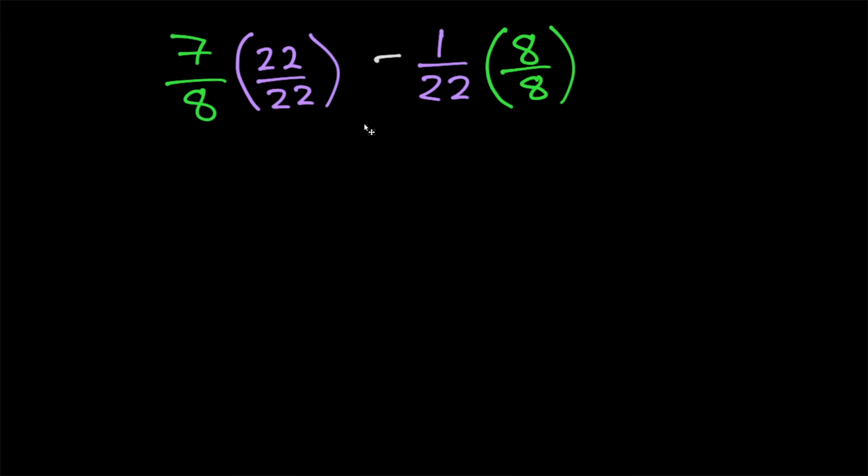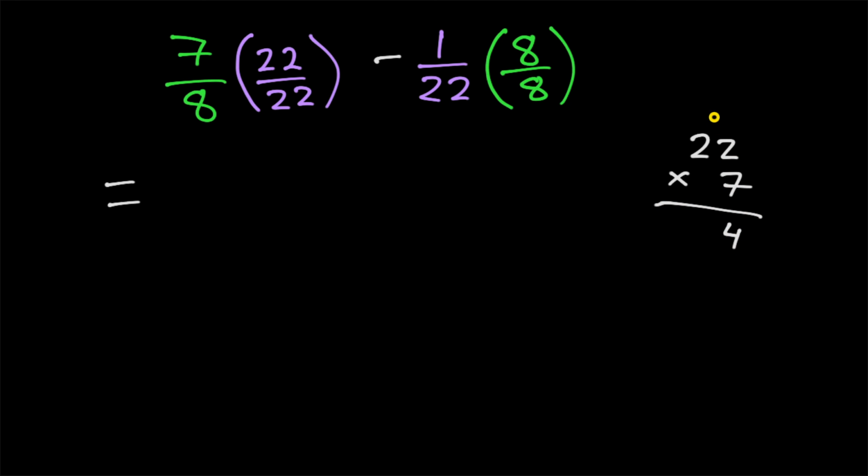So let's go ahead and evaluate this expression. So this is going to equal, well, here we have 7 times 22. So I'm just going to evaluate it over here in the margin. So we basically have 22 times 7. 7 times 2 is equal to 14, plus 1 is 154.